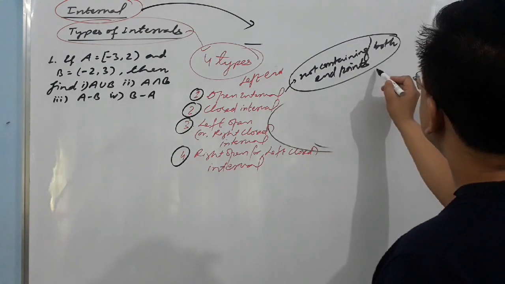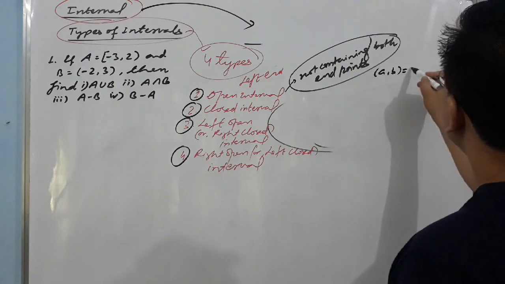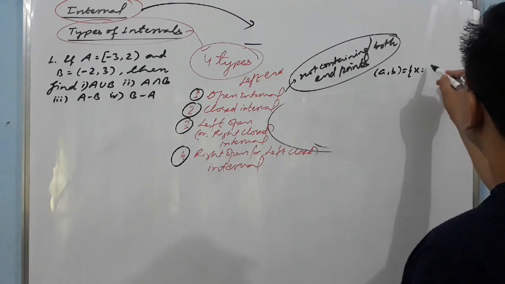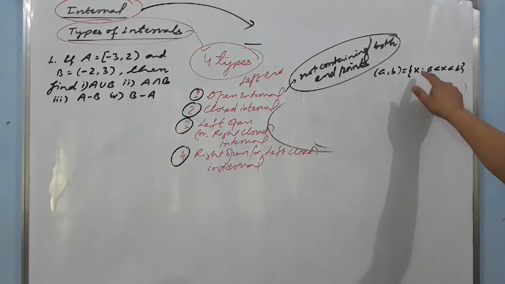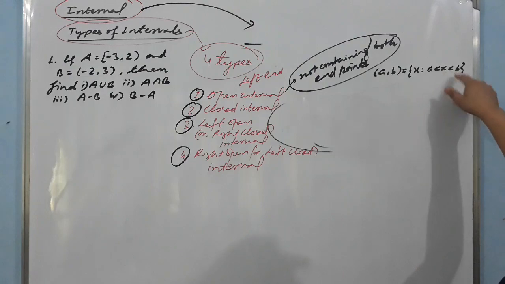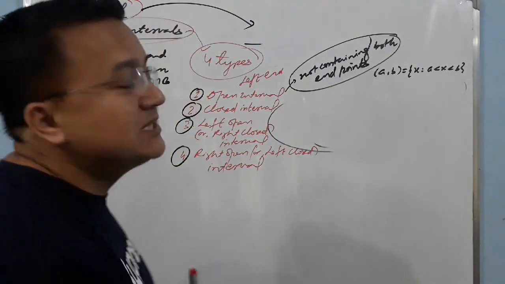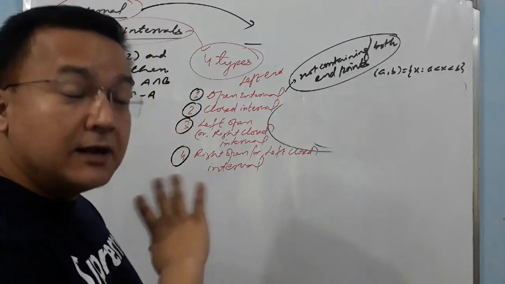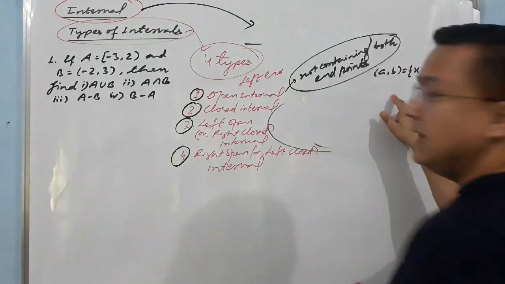This way you can memorize it. An open interval is denoted like this: (a, b). Symbolically we can represent it as {x : a < x < b}. Here x is a real number, the set of all real numbers between a and b. The extreme points a and b are not in the interval, but all real numbers between a and b are.